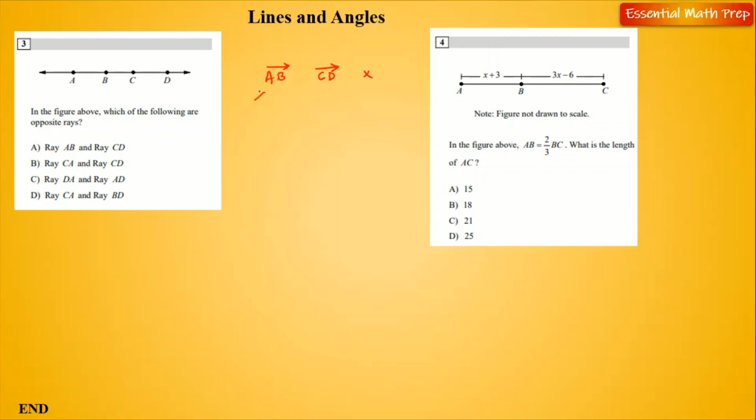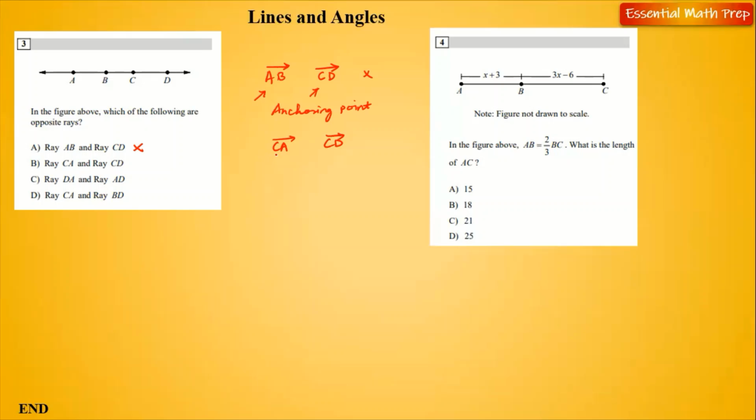Now keep in mind your A and your C are your anchoring points. It means that's where it's fixed. You're only heading in a direction indicated by the second letter. So AB means you're heading towards B, CD means you're heading towards D, right? So that's incorrect because the two arrows are pointing in the same direction. CA and CD, right?